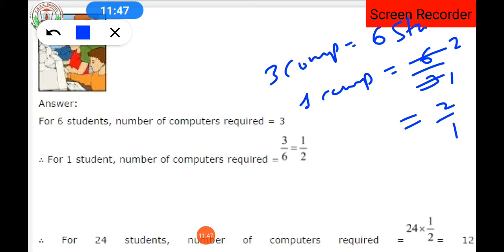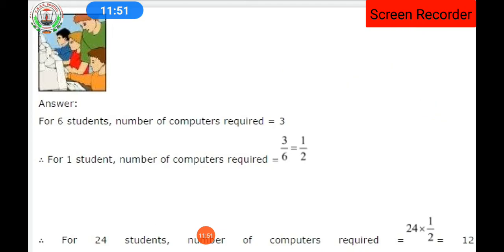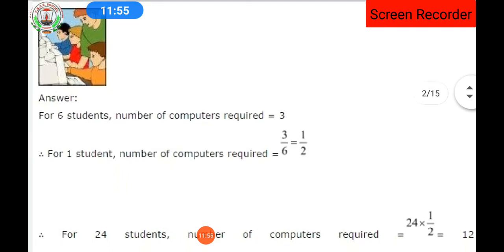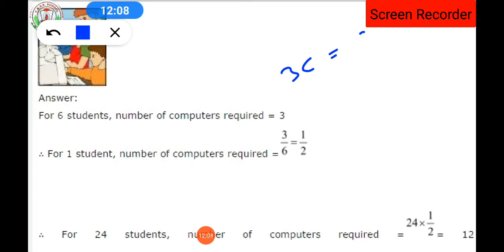Here in the question, it is asked about the number of computers, so the ratio will just be opposite. As we got the answer as 2 upon 1, we will need 1 upon 2. The number of computers is 3, and 6 students are going to use them, isn't it?